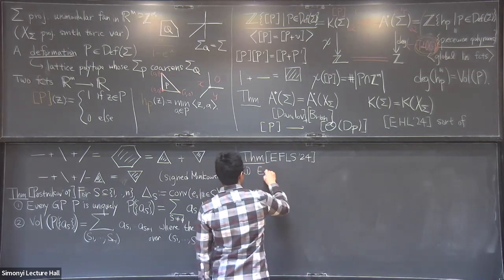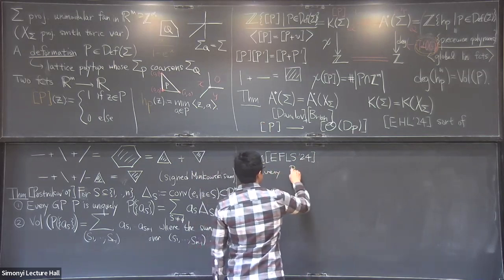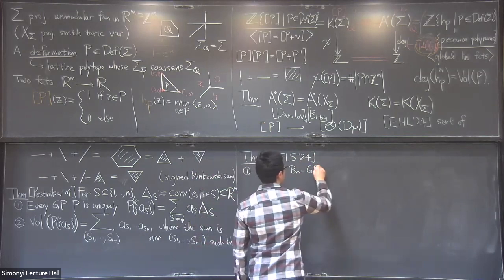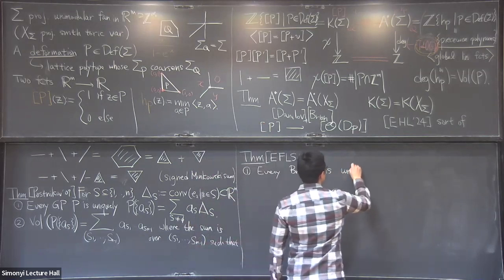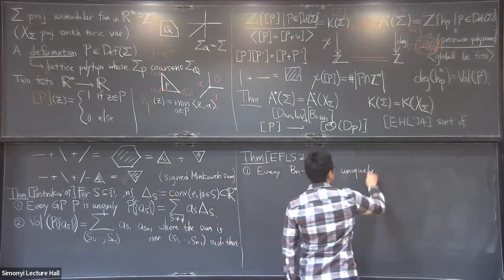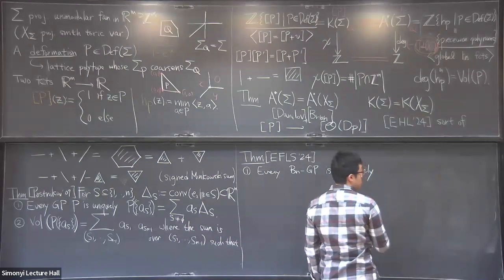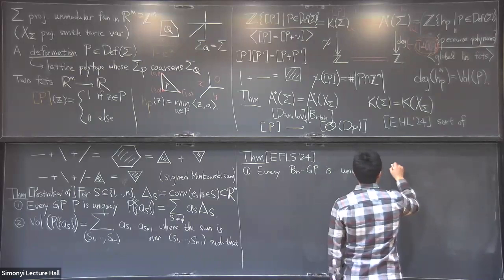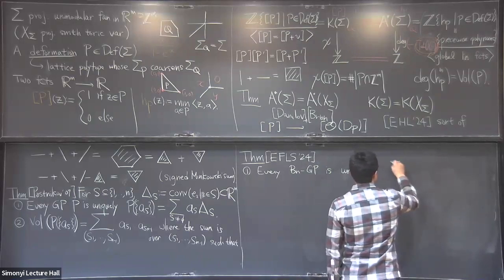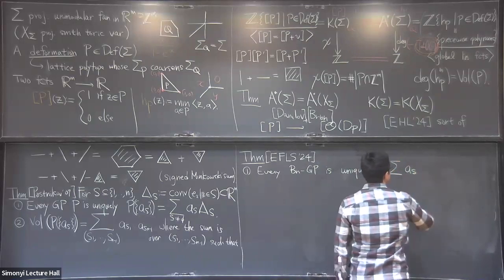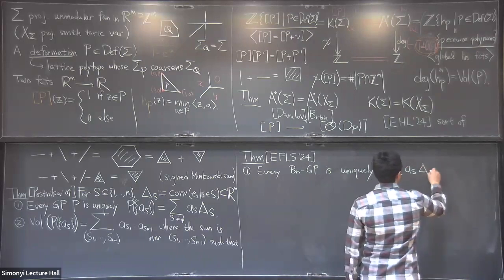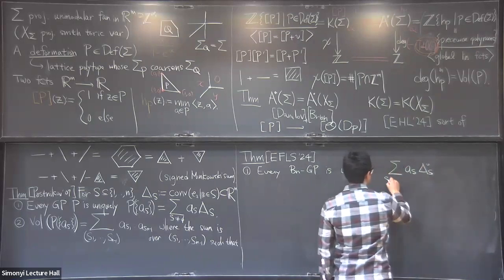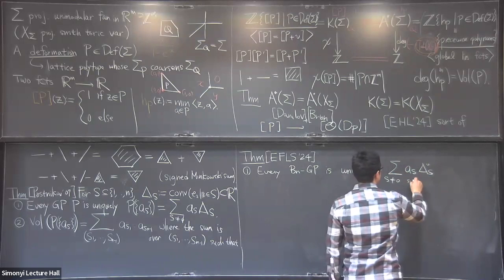So every type Bn generalized permutahedra is uniquely a Minkowski sum of those kind of rotated standard simplices. So these are non-empty signed subsets.